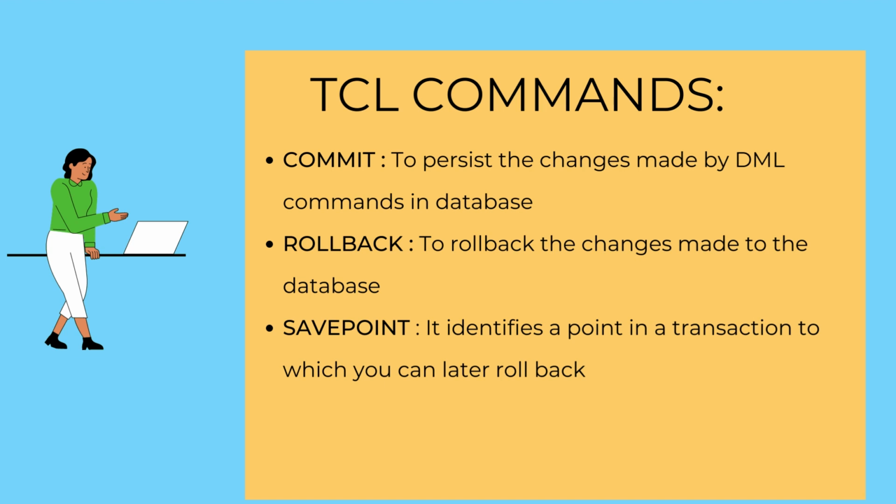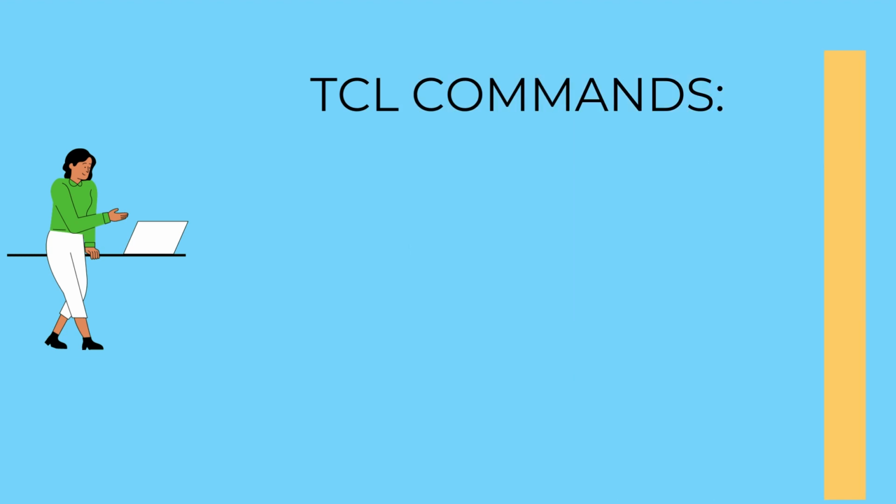And the last is savepoint, which identifies a point in a transaction to which you can later roll back. It will take you to the previous position up to which your data was intact, or we can call it consistent.